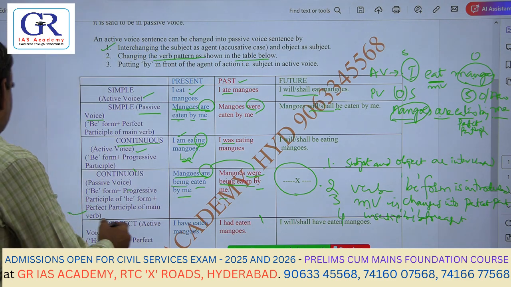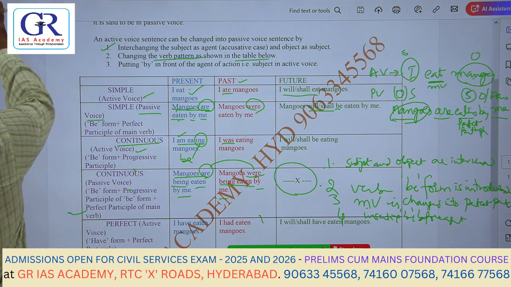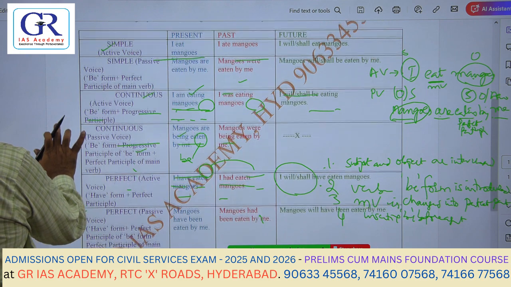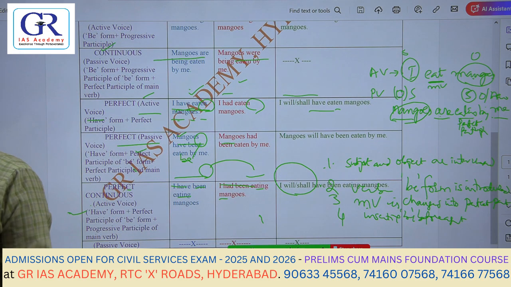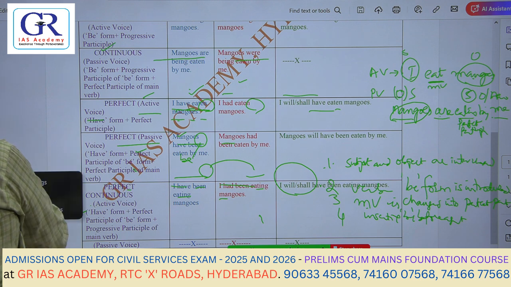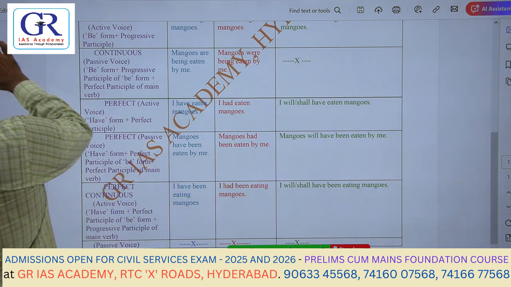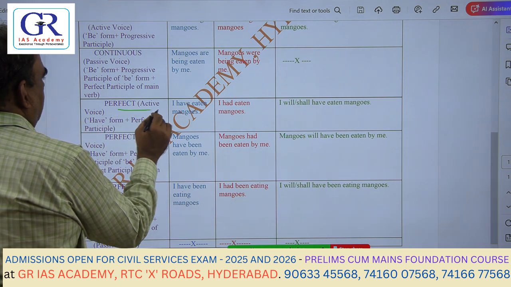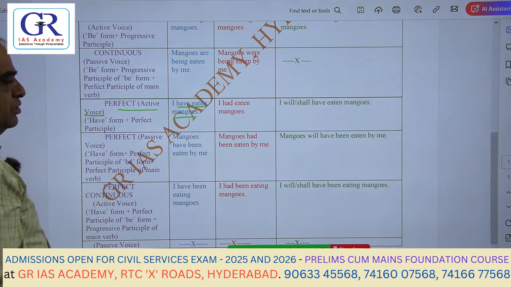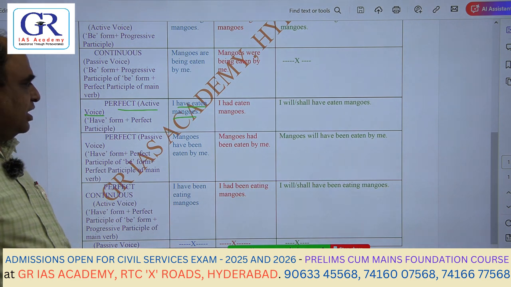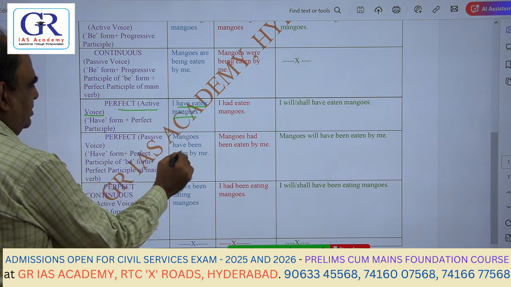Then I am coming into perfect tense. So this is perfect tense. Active voice. You know, I have eaten mangoes. Okay? So what you are supposed to involve? I have is there.